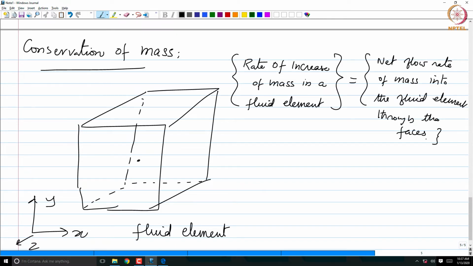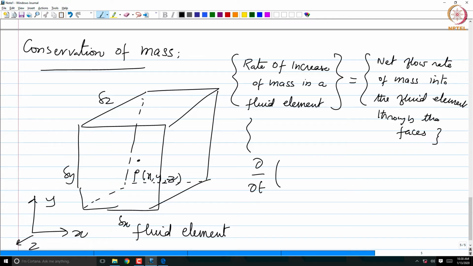All right. So what will be the rate of increase of mass in a fluid element? How do we write it mathematically? We have a rate of increase, so we invoke the partial derivative with respect to time, right? What will be the mass of this fluid element? Let's say this is delta x, delta y, and delta z, and the density at the centroid, which could be taken as a uniform representation for the entire element.